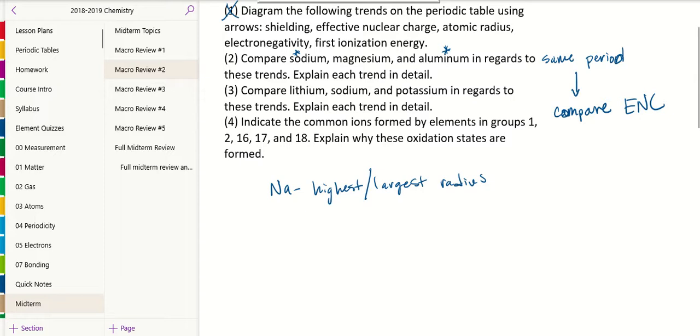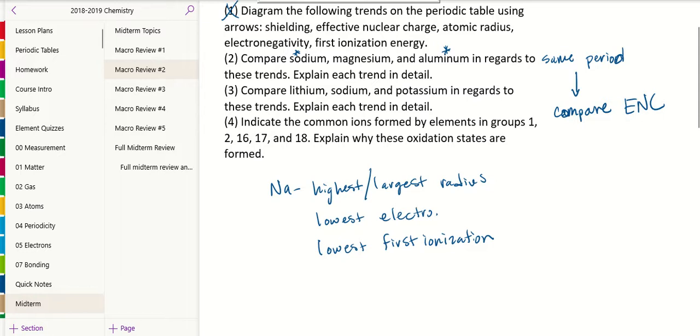That means it will have the lowest electronegativity and the lowest first ionization energy. Why does it have the lowest? Why does it have the largest radius?